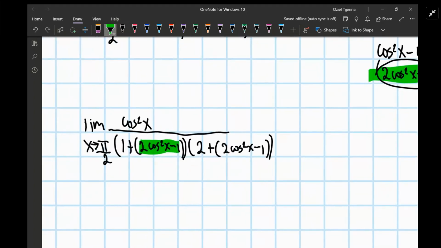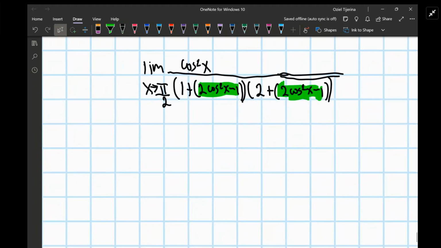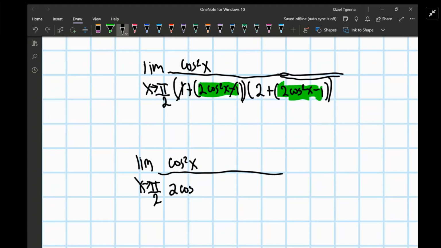Sorry, give me a second. This was a lengthy one, so I'm looking at my notes here. It's the limit as x approaches pi over 2 of cosine squared x over, and we're going to combine like terms here, so the 1 and the negative 1 cancel out. On the bottom it goes 2 cosine squared x.